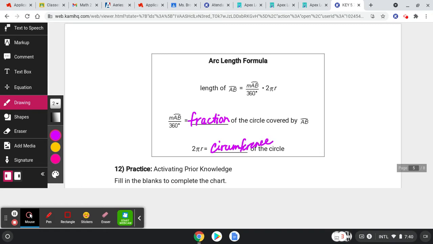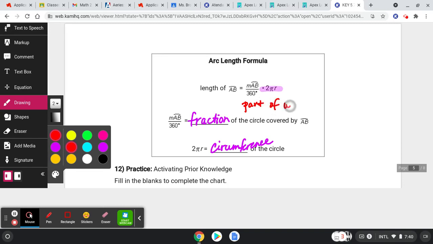We're seeing that part we're already used to right here. Here's our circumference, but we only want a fraction of it, part of the whole circumference.